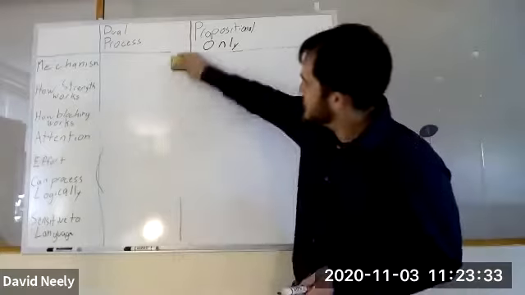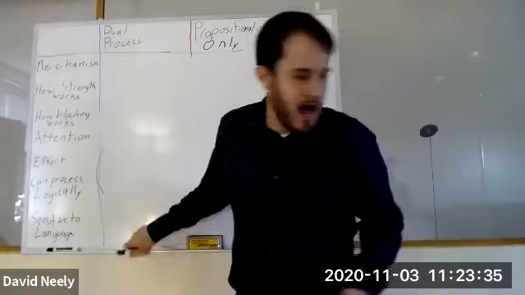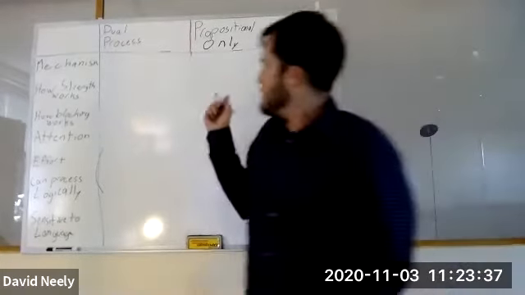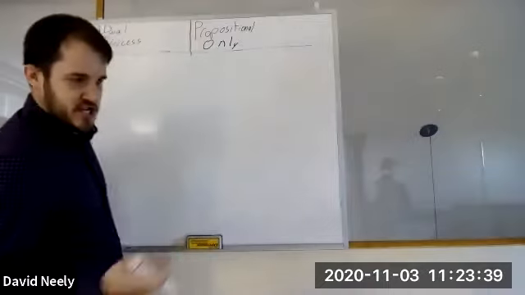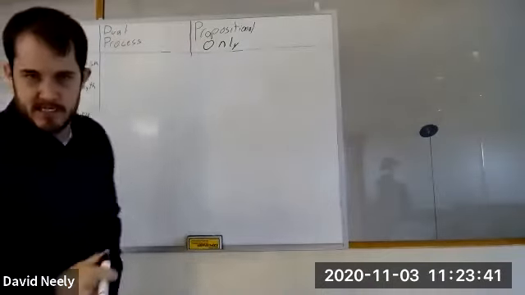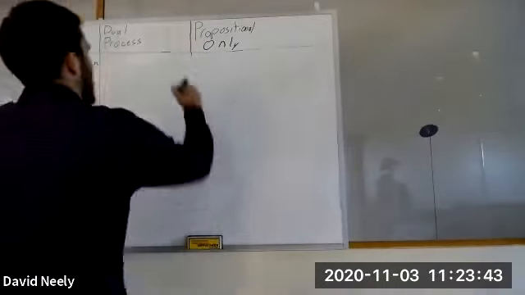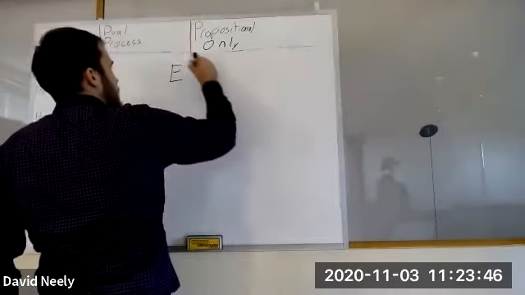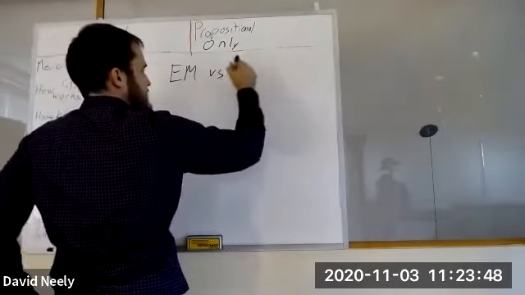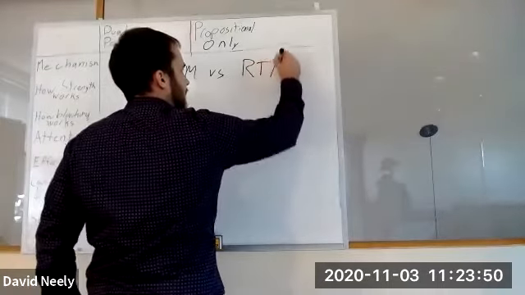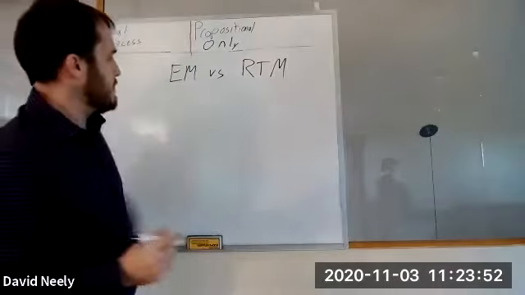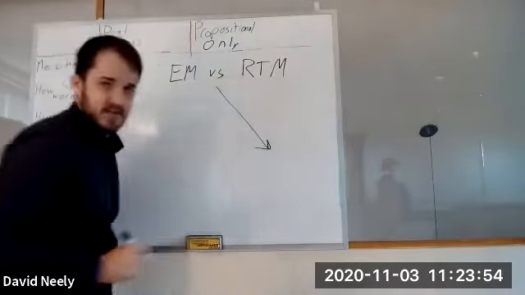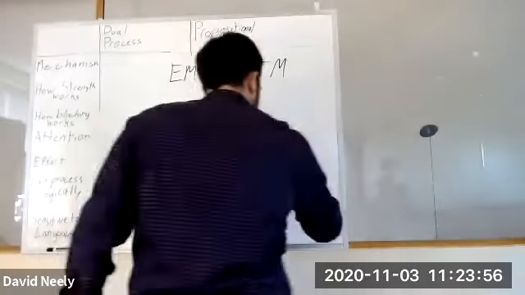So this is a great thing. Let me write this up here. Let's draw how this works. You can think of the relationship between eliminative materialism and representational theory of mind. So you've got this EM versus RTM. And so the RTM view, everyone who believes RTM thinks that there are symbols in the head.